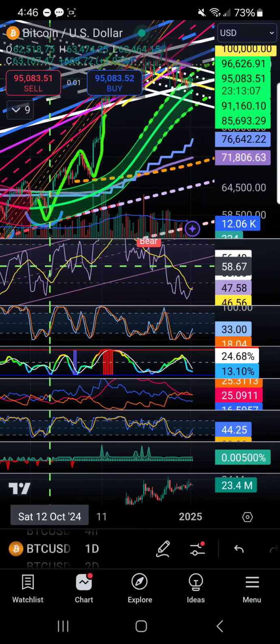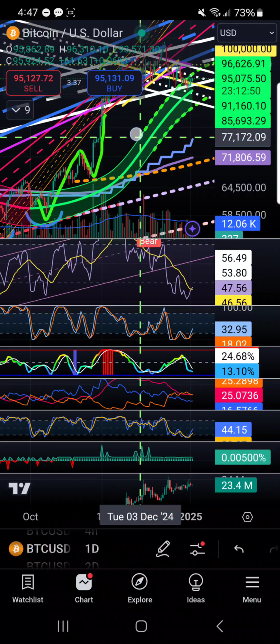Now, I did say earlier that in about a week or a week and a half, we would see another pullback. I don't know. Let's address that. I think so. That falls in line with everything I was looking at before.